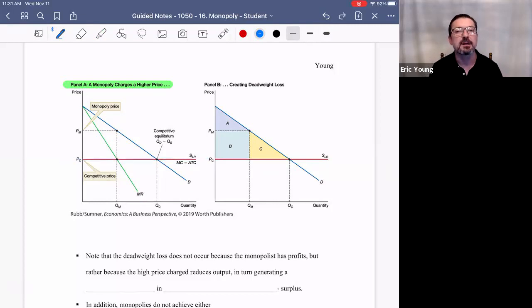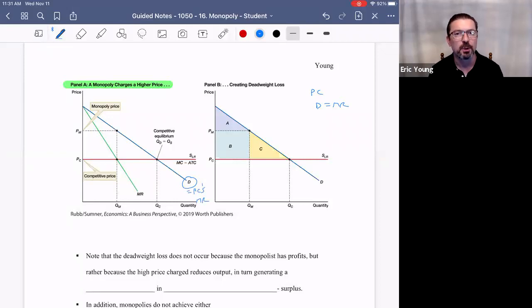It's okay to do that. It doesn't change the analysis. Remember that for a perfectly competitive firm, the demand curve was equal to the marginal revenue. So this demand curve here is equal to the PC's marginal revenue.